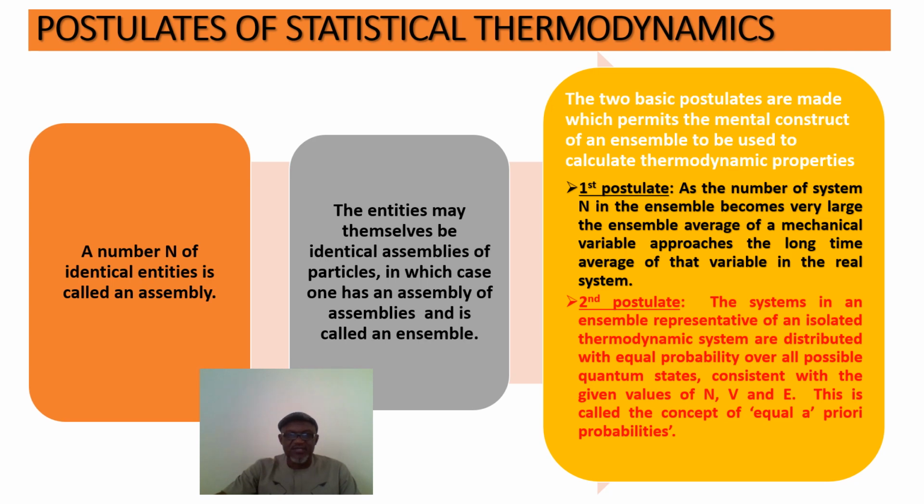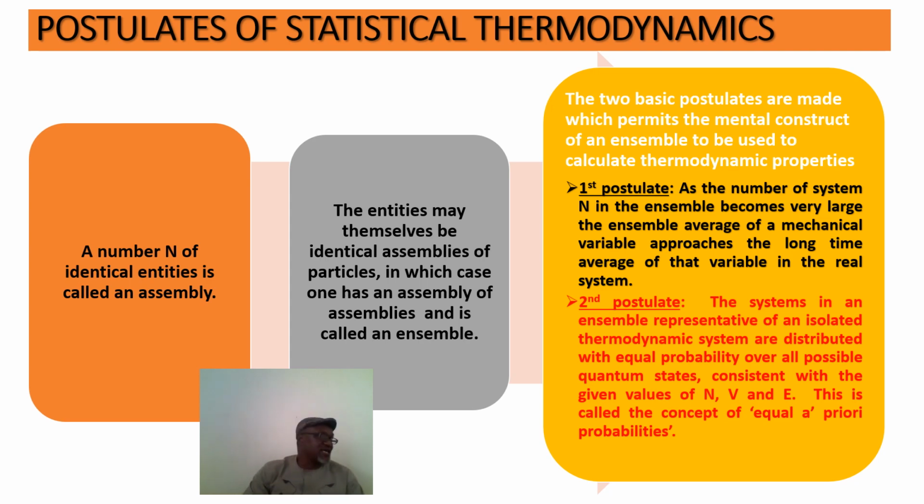Postulates of statistical thermodynamics. Now, a number N of identical entities is called an assembly. The entities may themselves be identical assemblies of particles, in which case one has an assembly of assemblies, and this is called an ensemble.